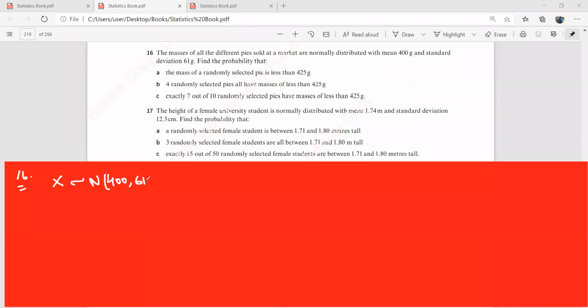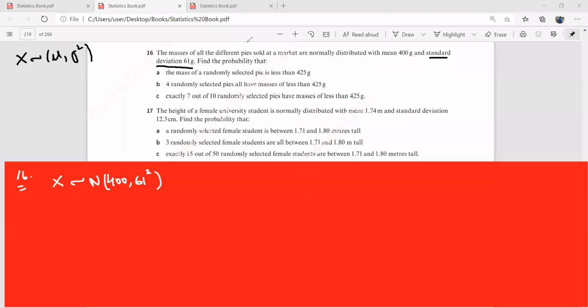So guys, please be careful. You have to write a square on it, because when you are giving the parameters of a normal distribution, the parameters are the mean and the variance, and he was giving us the standard deviation. So I have to put a square on it.